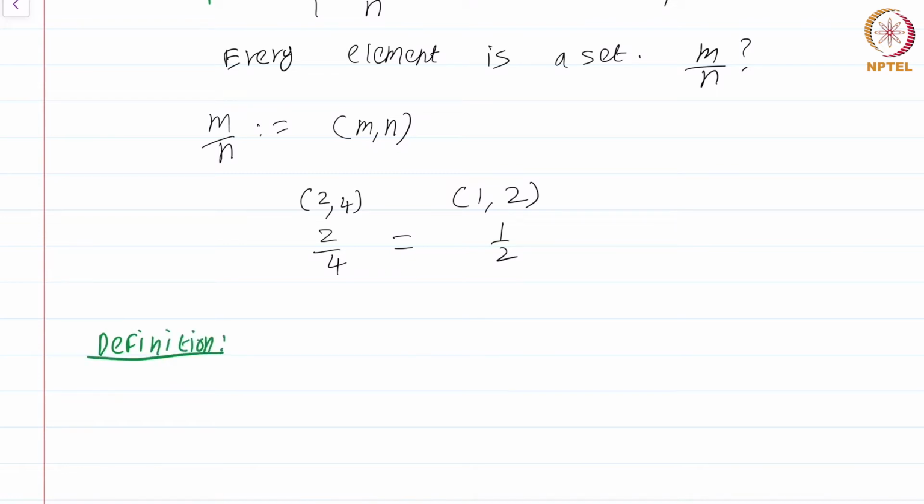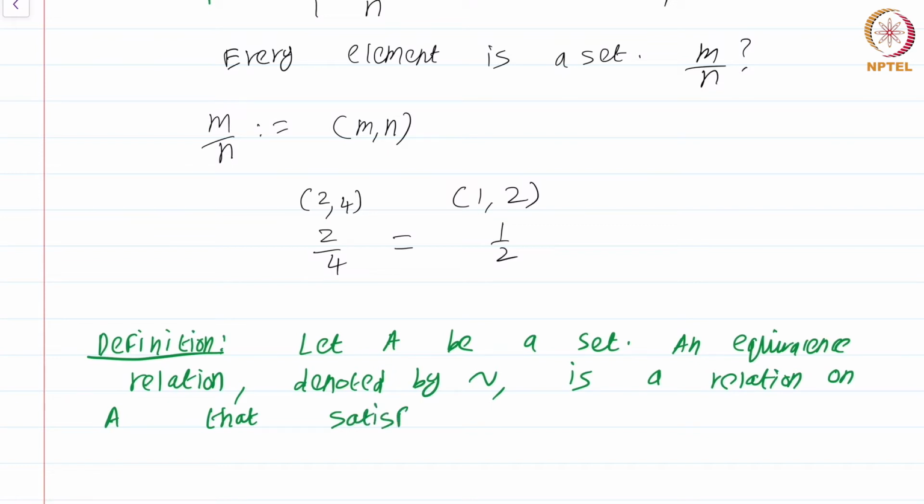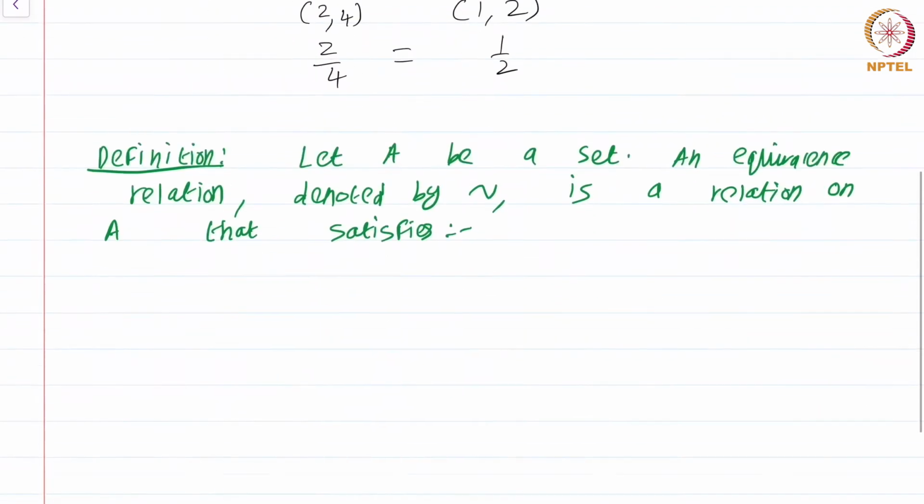Let A be a set. An equivalence relation, which we will usually denote by this tilde, is a relation on A that satisfies the following three properties.